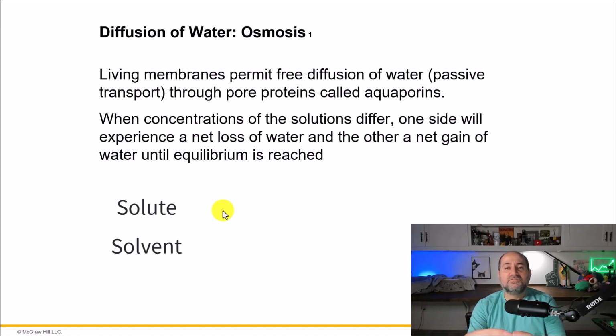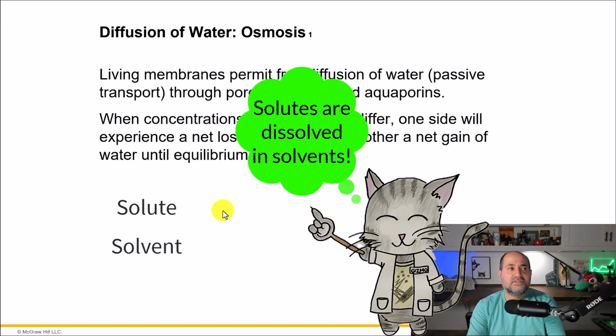So if I have a solution of something, let's say sugar water, that's a solution, and that means that there's a solute and a solvent. The solute would be the sugar, and the solvent would be the water. Does that make sense? So think of the solvent as what dissolves the solute.